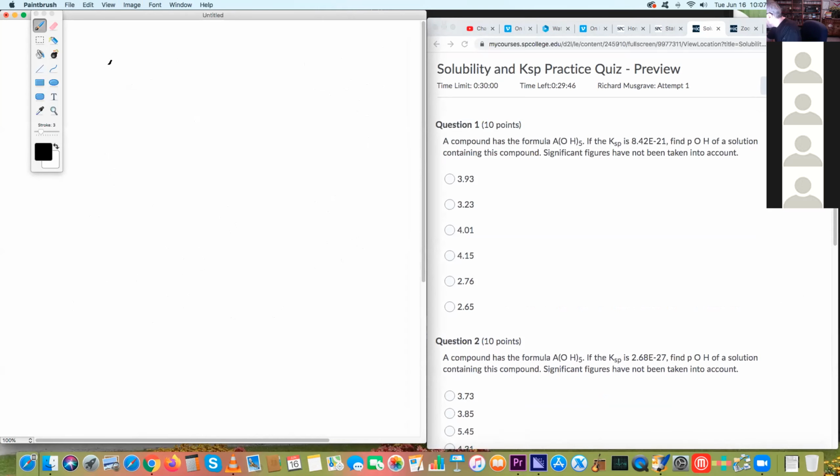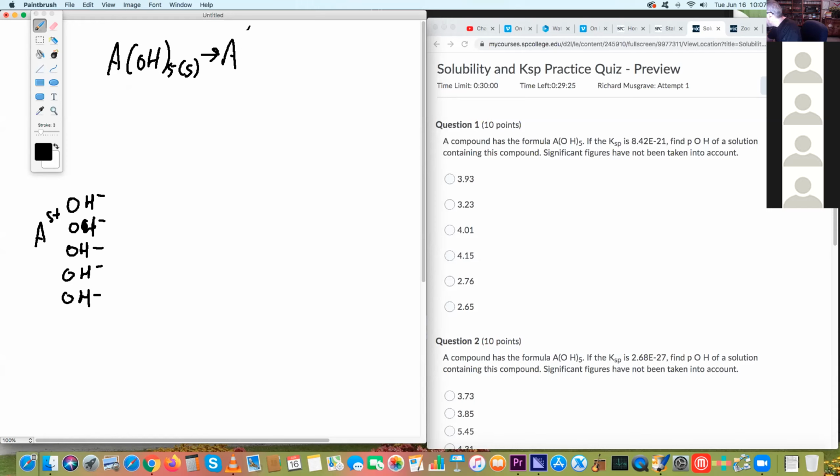Now, the way I'd handle that is I'd have my AOH5 solid, and I'd have to know how that splits apart. So it'll be A and then 5 OHs. They're each going to have a -1 charge, which means the A will have a 5+ charge.